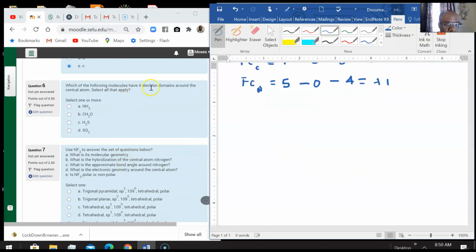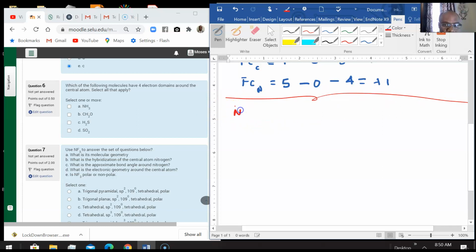Which of the following molecules have 4 electron domains around the central atom? Select all that apply. For this question, you need to draw the Lewis structures. So if you draw the Lewis structure of ammonia, that's how it is. If you draw the Lewis structure of the next one, we did it when we were lecturing.